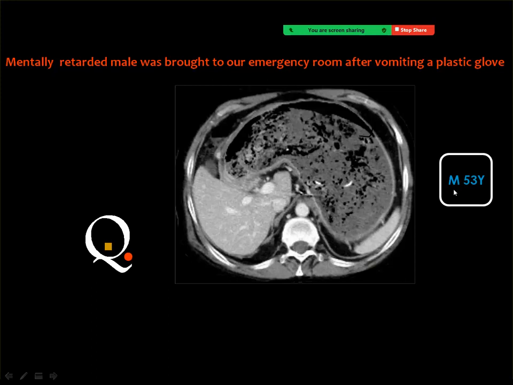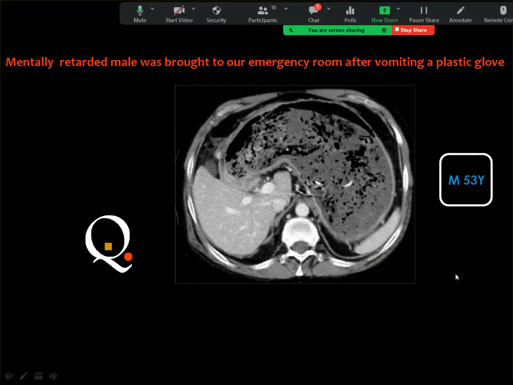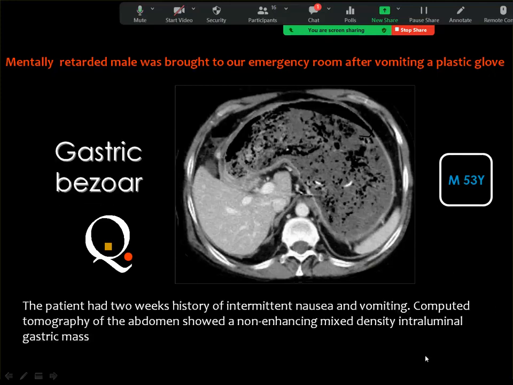This patient, 53 years old, mentally retarded, was brought to the emergency room after vomiting a plastic glove. This is gastric bezoar or gossypiboma.